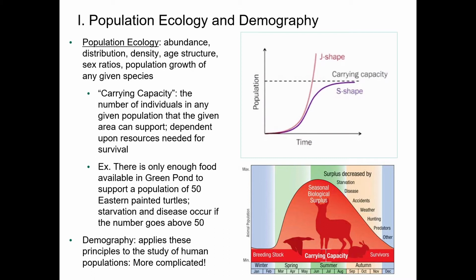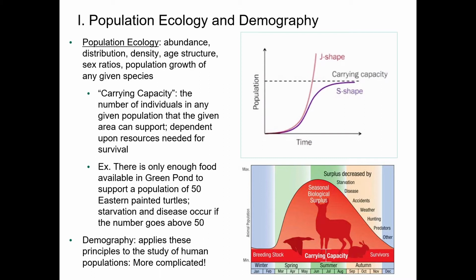How many individuals in the population can that environment support based on the resources available for their survival and reproduction? In the example of Green Pond, we say that Green Pond can support 50 eastern painted turtles. If it goes over 50, then you're going to have disease and starvation, because there are only so many resources in Green Pond for them to survive. Very cut and dry, very unemotional.